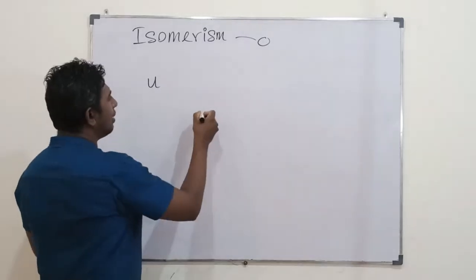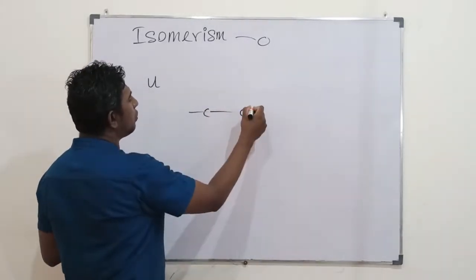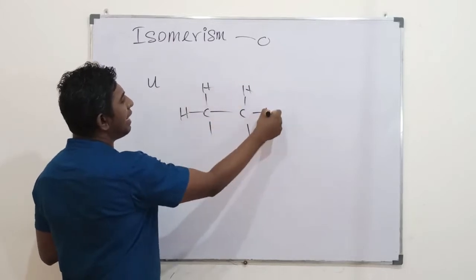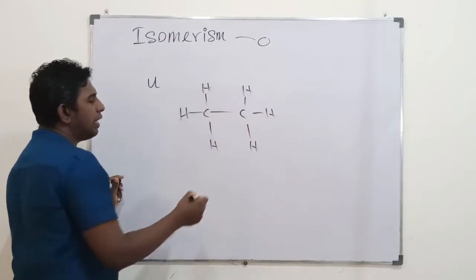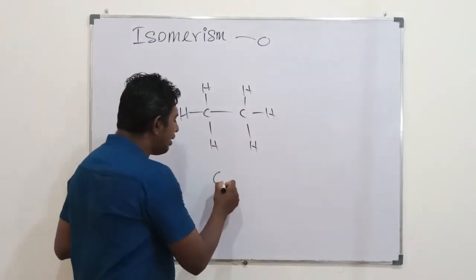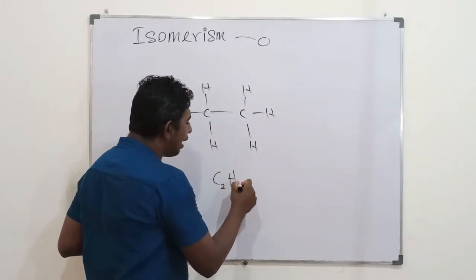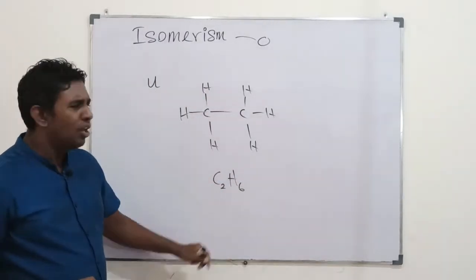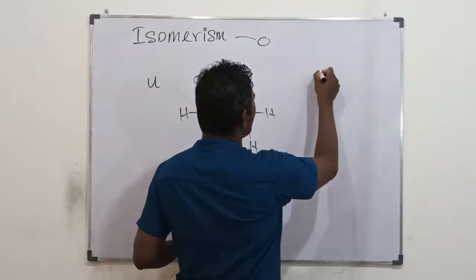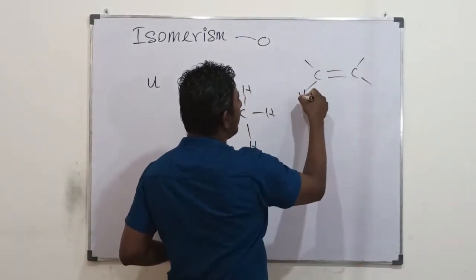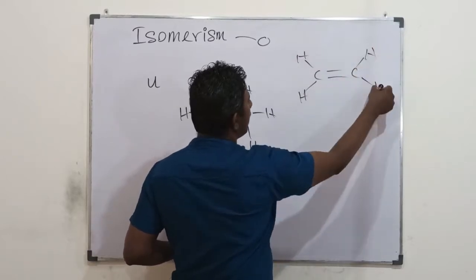So I'll take a substance with 2 carbons. When it is an alkane, students, it's ethane, this structure. So you are having 2 carbons with how many hydrogens? It's 1, 2, 3, 4, 5, 6, correct, right? Okay. Then when you have the alkene with a carbon-carbon double bond, it's with 2 carbons still.